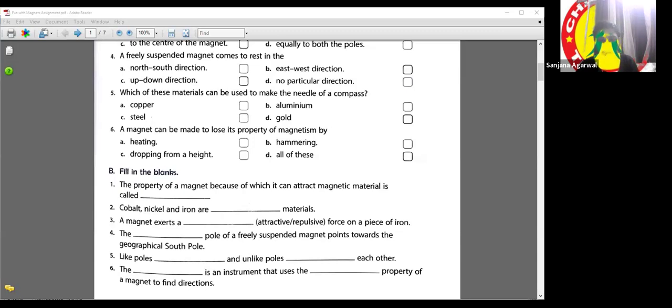Dash is an instrument that uses the dash property of a magnet to find direction. Correct.